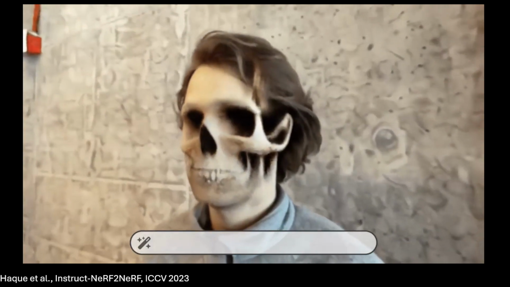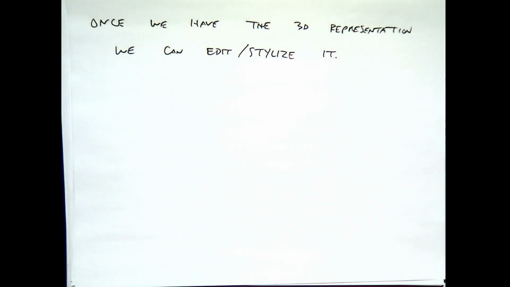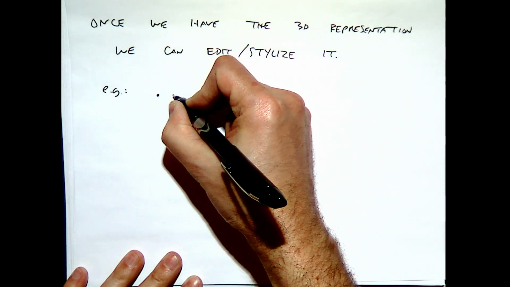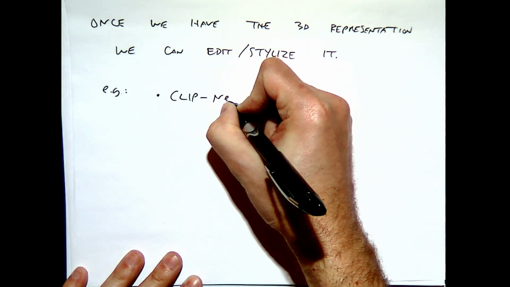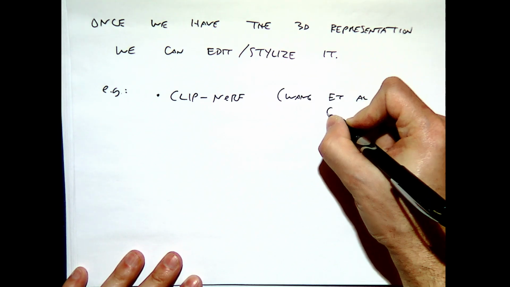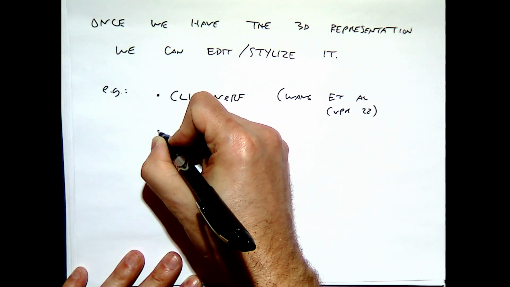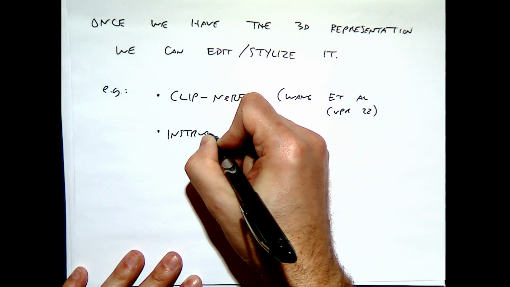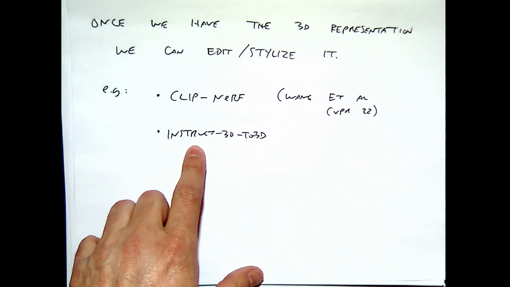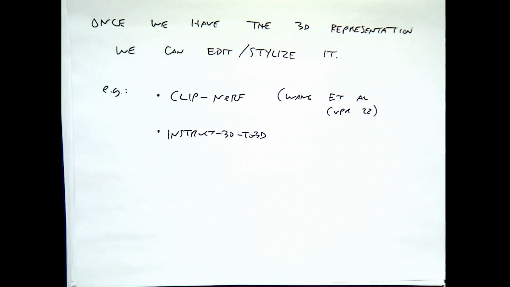I like that one. Anyway, let me just write down what I just talked about. So we talked about CLIP-NeRF, which was from CVPR last year. We talked about Instruct 3D-to-3D. And one thing you'll see, this Instruct blank-to-blank is a common formalism in some of these papers, where you're basically saying, take the source thing, which is a 3D object, and turn it into another 3D object based on my instructions, right?